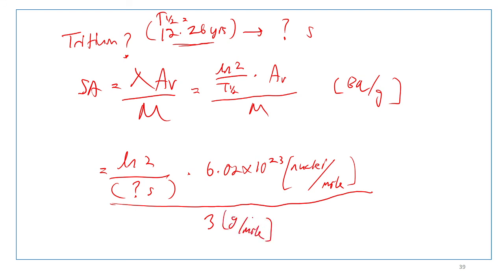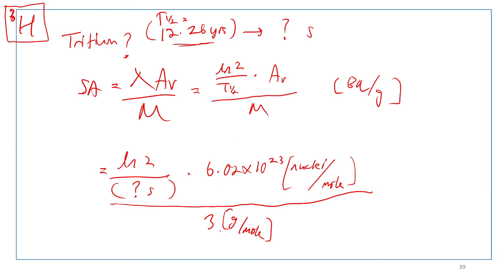So why 3? Because tritium is actually hydrogen 3, hydrogen with two neutrons. That is tritium, so its atomic weight is 3, meaning you need 3 gram of tritium so that you have a mole of tritium.